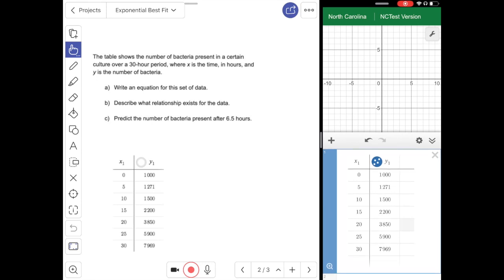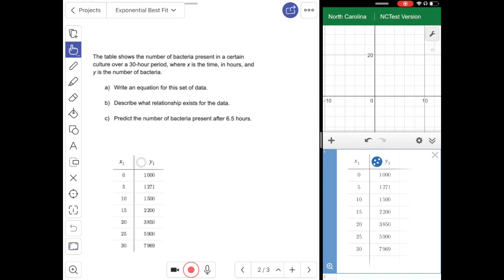I want to actually look at this scatter plot that is being created, and I'm not going to see that because we have a scale that's a 10 by 10, and we have Y values that are in the thousands. So if you look in the blue side of the table, there's a zoom option that has a magnifying glass with a plus.